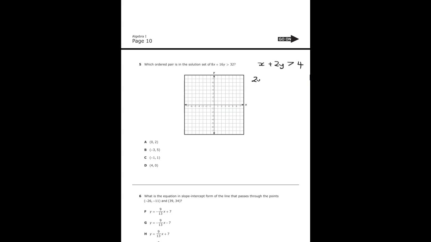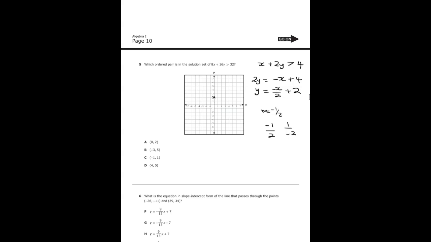So we have 2y equal to negative x plus 4, and then y is equal to negative x over 2, or negative 1/2 x plus 2. That means my y-intercept is 2 and my slope is negative 1 over 2, or 1 over negative 2.